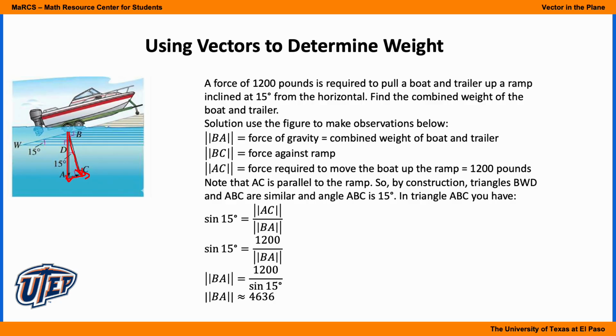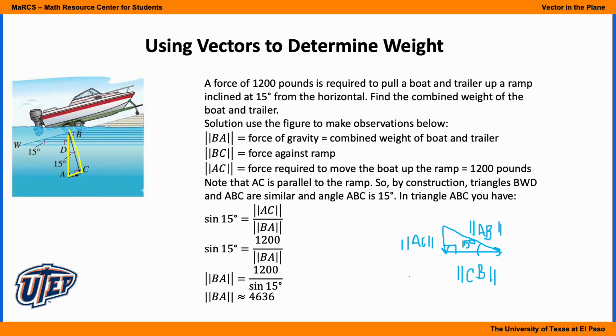So since AC is parallel to the ramp right here, we will have similar triangles. So BWD, this triangle right here, that triangle in the yellow, and then ABC right here, they're similar. So that means that the angle right here will also be 15 degrees.